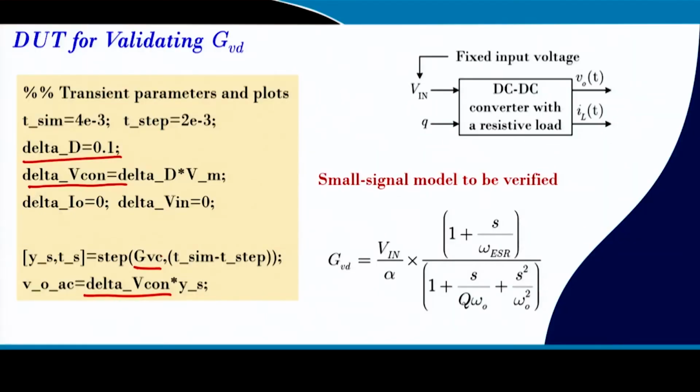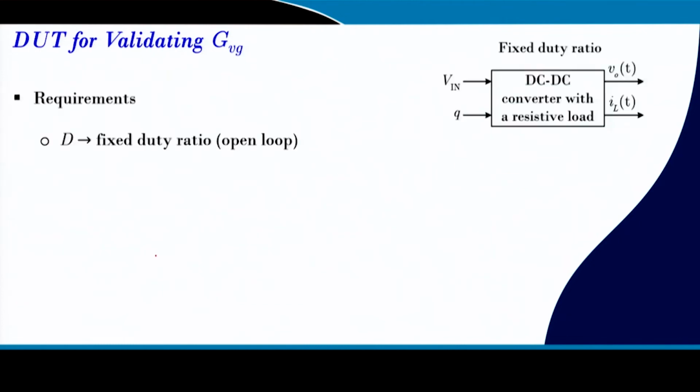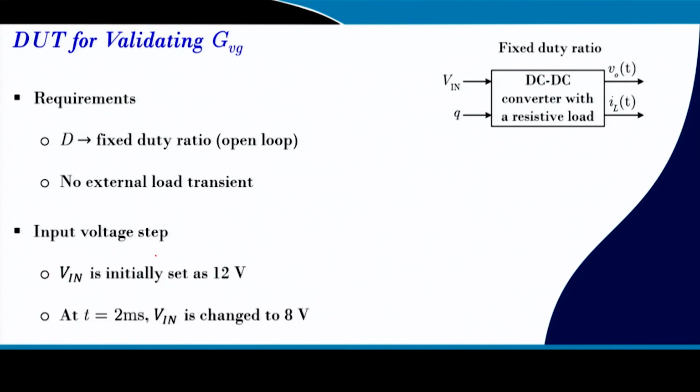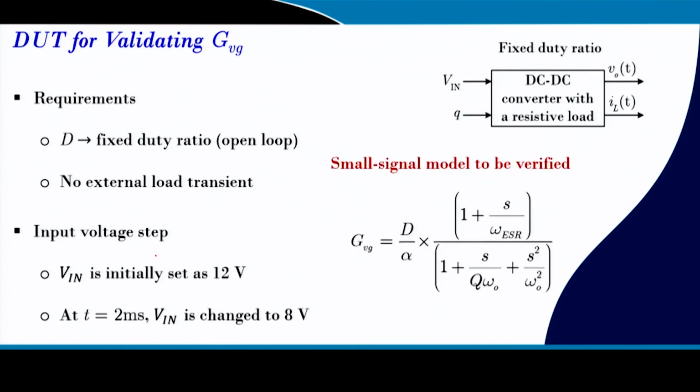Now, we go for audio susceptibility. In audio susceptibility, we need to keep the duty ratio fixed, because we are talking about open loop audio susceptibility. No external load transient response, we have to apply an input voltage step. So, initially it was 12 volt, now at 2 millisecond it will change from 12 volt to 8 volt. That means, and this is a transfer function. Okay.